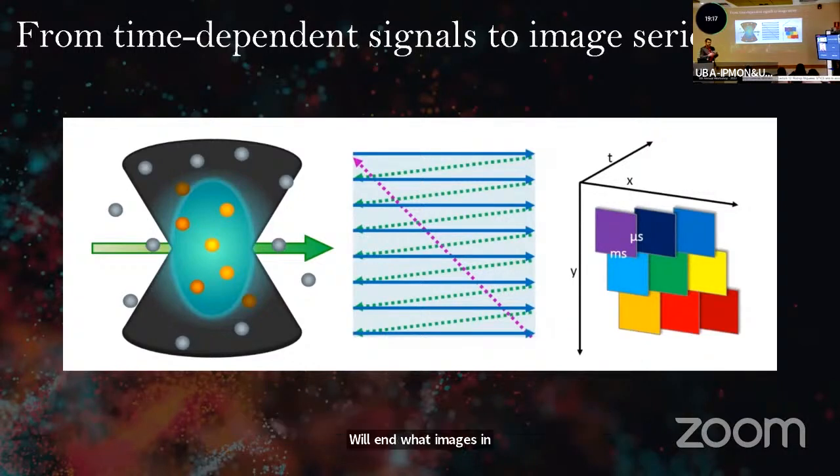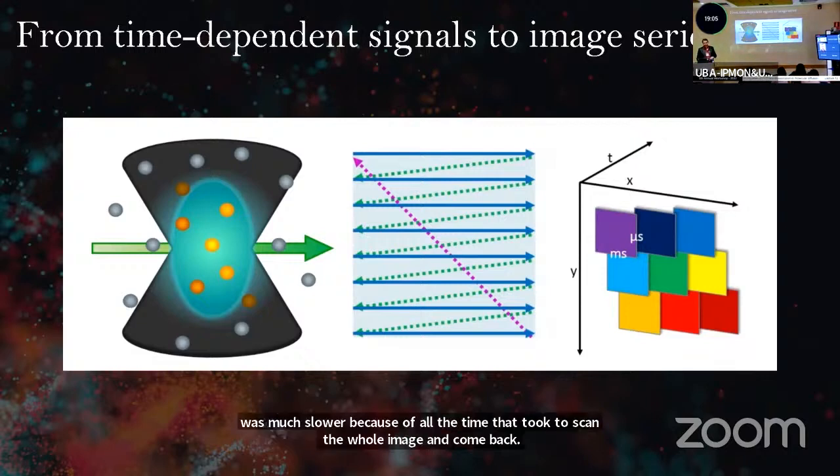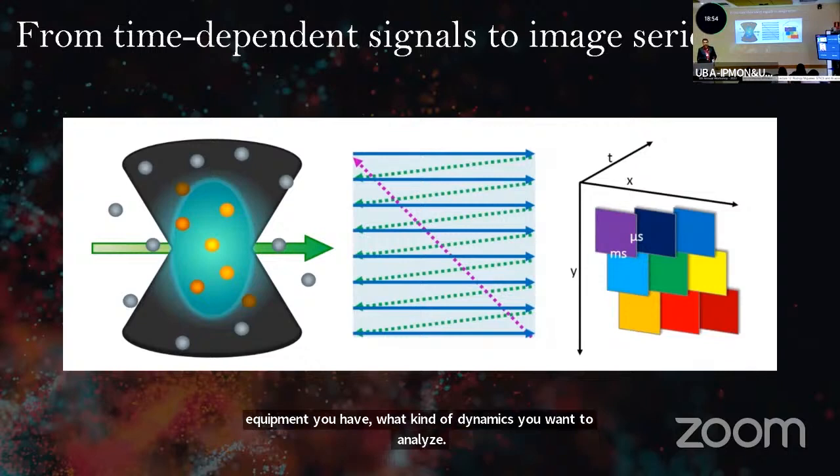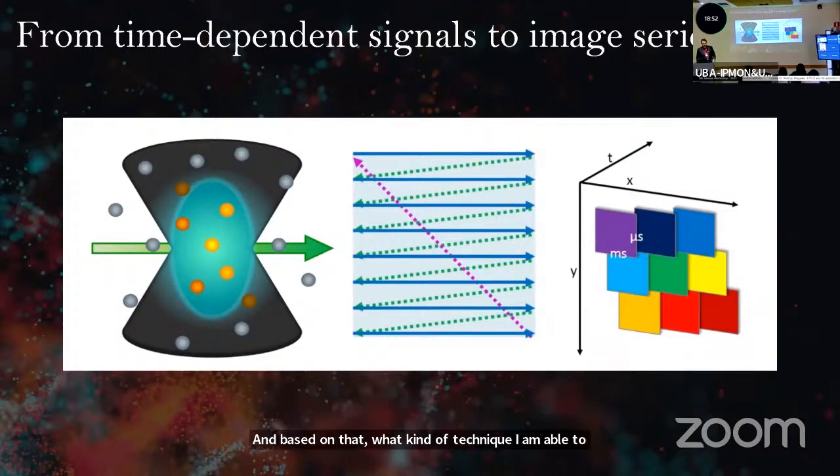I must say, the laser scanning is very fast in the pixel dwell time and the line dwell time, but between frames it was much slower because of all the time it took to scan the whole image and come back. Whereas camera-based imaging goes much faster from frame to frame. So you need to consider what kind of equipment you have, what kind of dynamics you want to analyze, and based on that, what kind of technique you are able to use to determine, for instance, diffusion.